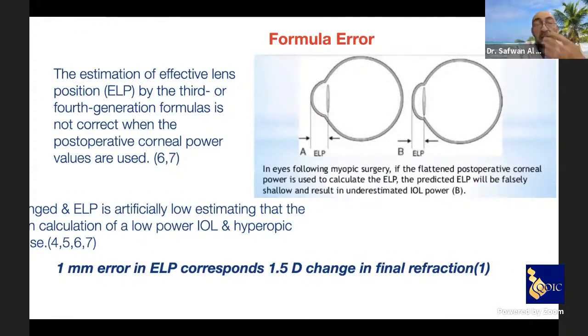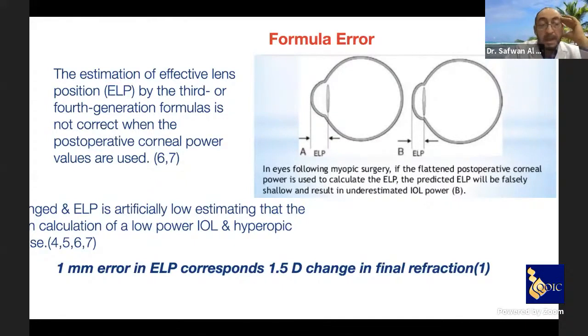Now, in the formula, estimation of effective lens position by the third or fourth generation formula is not correct when the postoperative corneal power values are used.